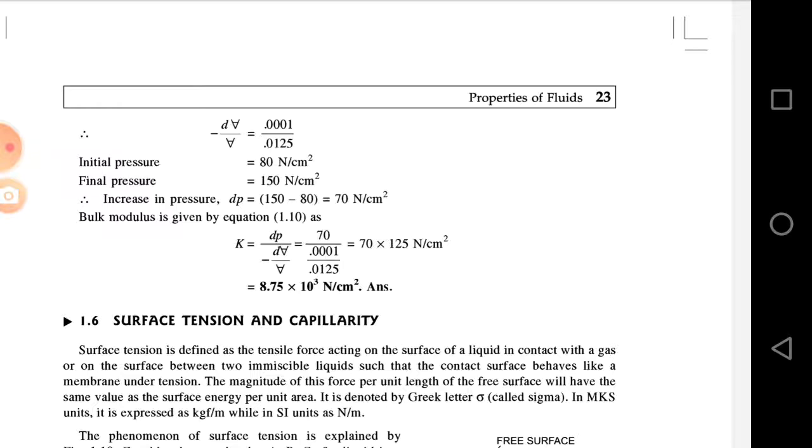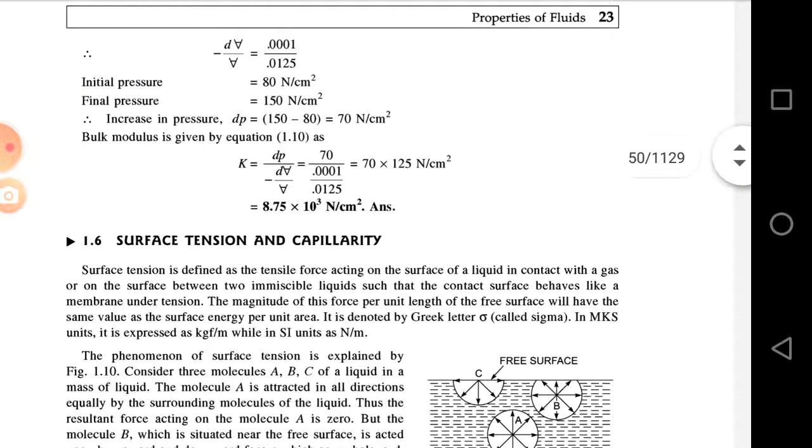Therefore, increase in pressure is 70 Newton per centimeter square. Therefore, bulk modulus is given by dP divided by minus volumetric strain. Therefore, it is 70 into 125, 8.75 into 10 power 3 Newton per centimeter square.